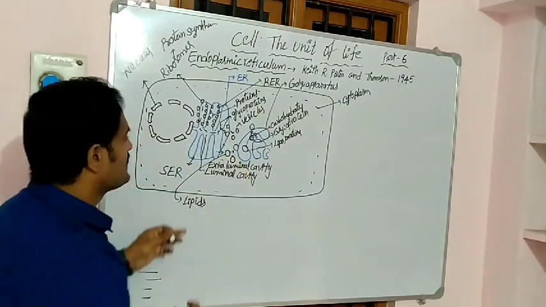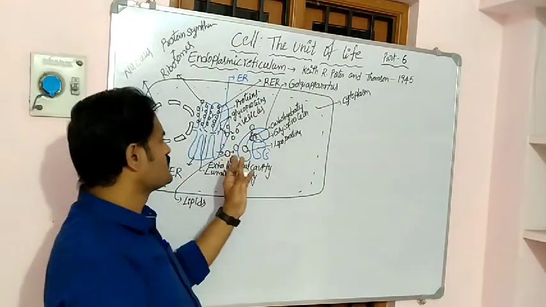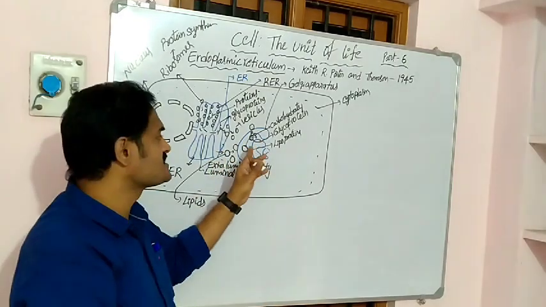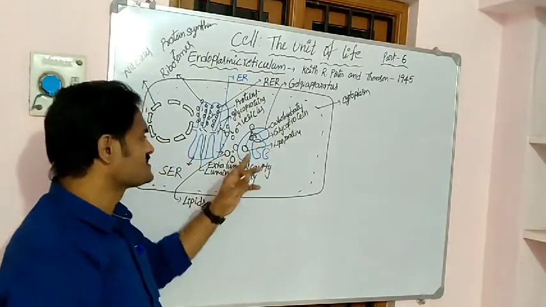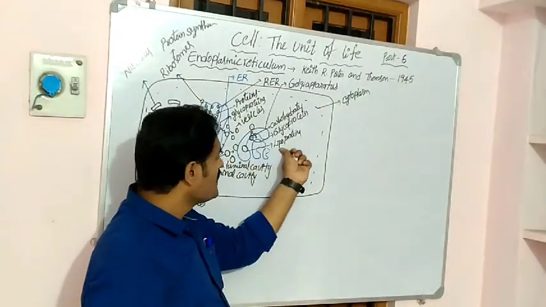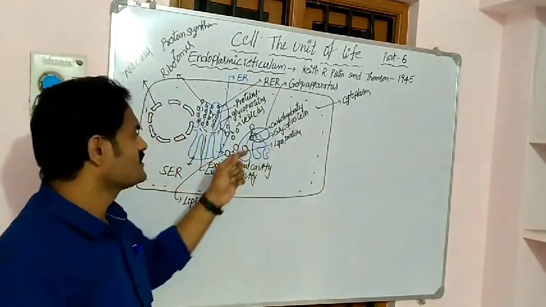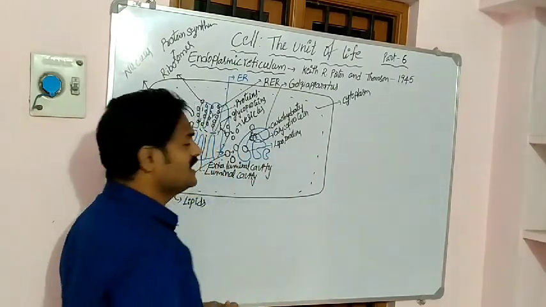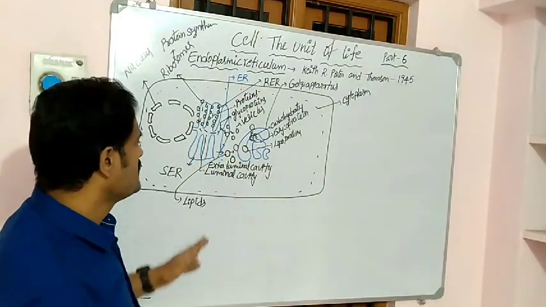Like this, lipoproteins and glycoproteins are formed. That modification occurs in the Golgi complex. So the majority of protein modification occurs in which cell organelle? This cell organelle is called the Golgi complex.